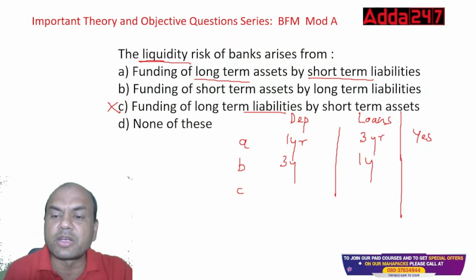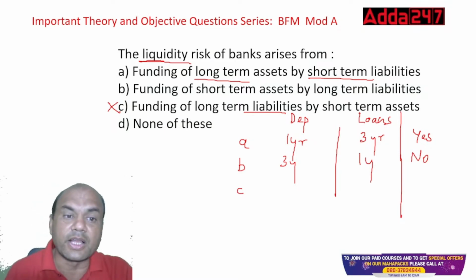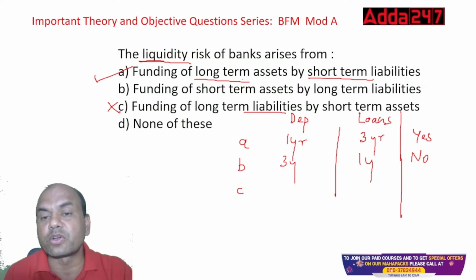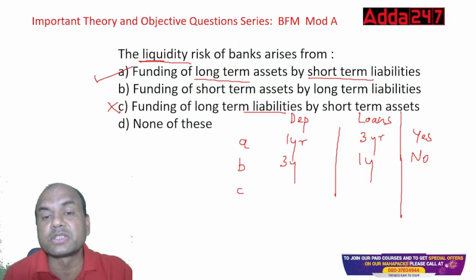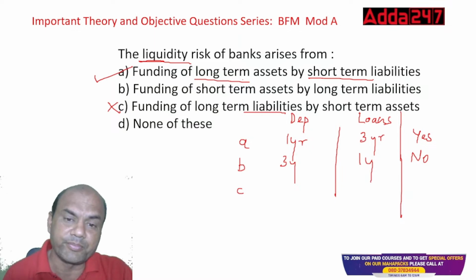So I won't have any liquidity problem here, because whenever the depositor comes, I can repay him or her. So the answer is A. Funding of long-term assets by short-term liabilities. This is the basic logic on which this question depends, and such questions are asked in the exam. Remember. Okay. Move on.